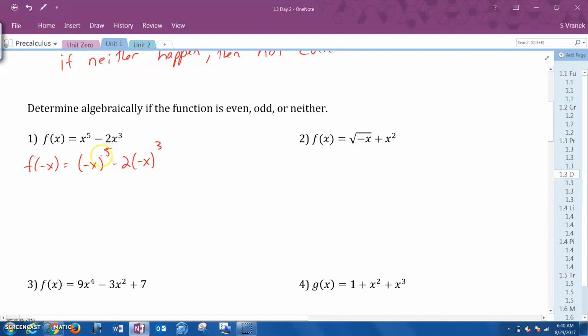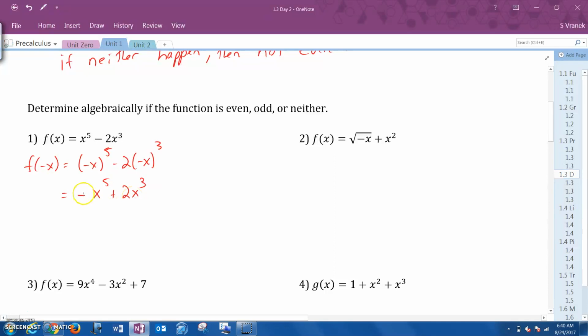Now whenever you raise a negative to an odd power, it stays negative. So we get negative x to the 5th, that stays negative and comes out, plus 2x cubed. So here's my final answer now, after I simplified it.